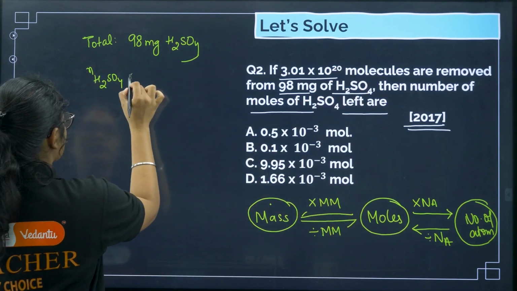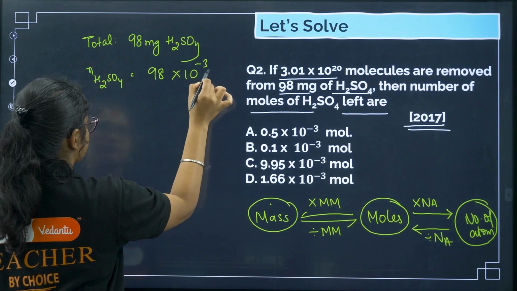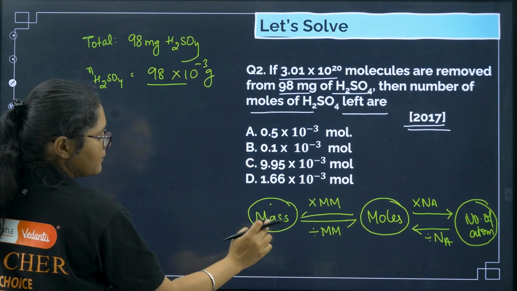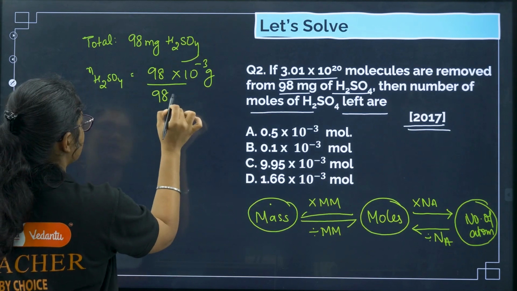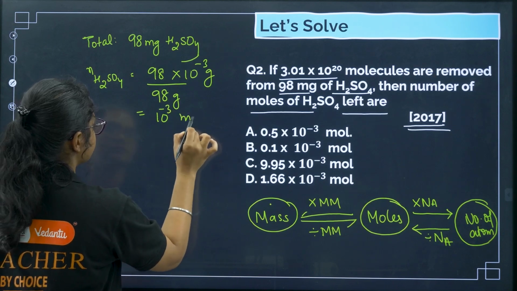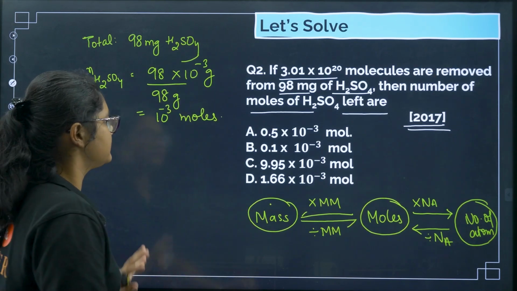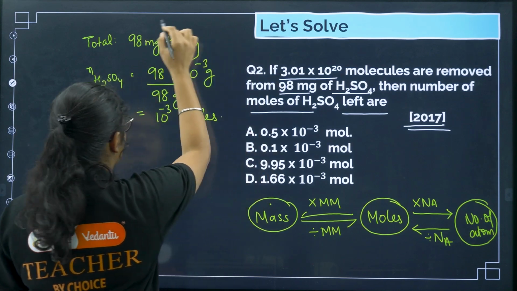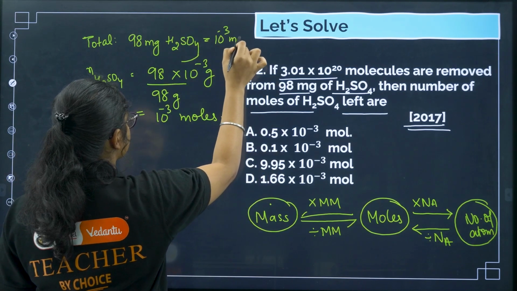So I'll convert 98 milligram into grams because units should be the same, and divide by the molar mass 98 grams. So how much will I get? 10 to the power of minus 3 moles. So I can say now that I have 98 milligrams or 10 to the power of minus 3 moles of H2SO4.